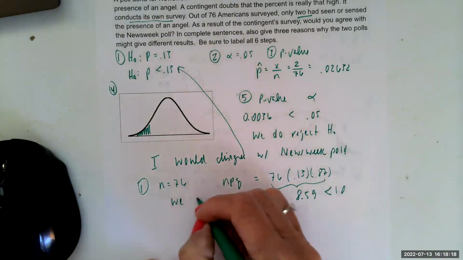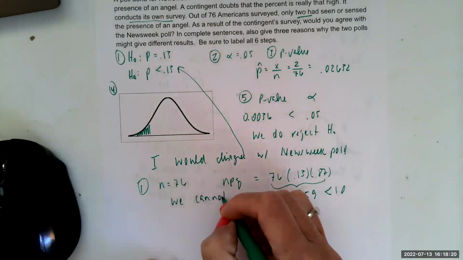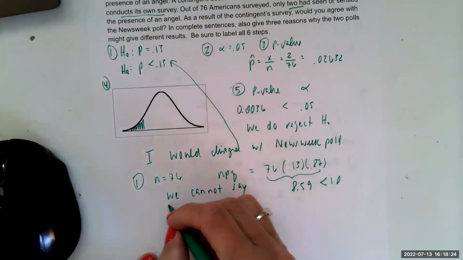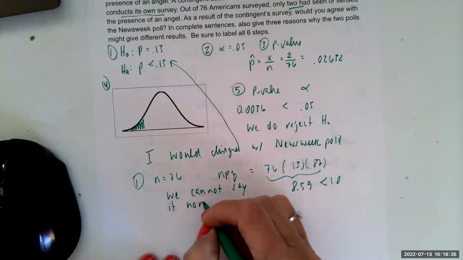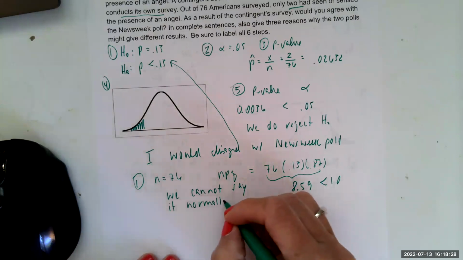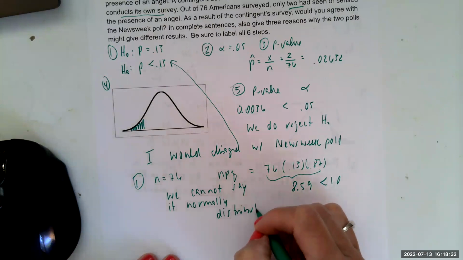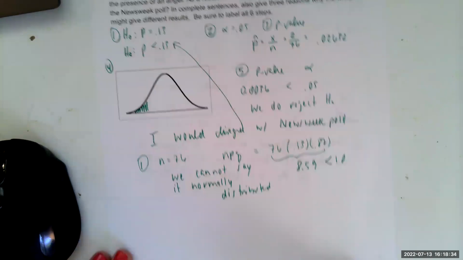So we cannot say it's normally distributed because we didn't meet that criteria. So that's one issue we have. We would need a bigger sample size really to agree with the contingent.